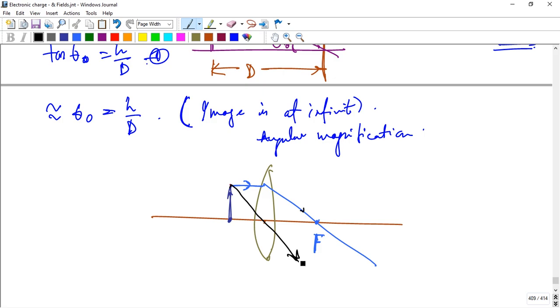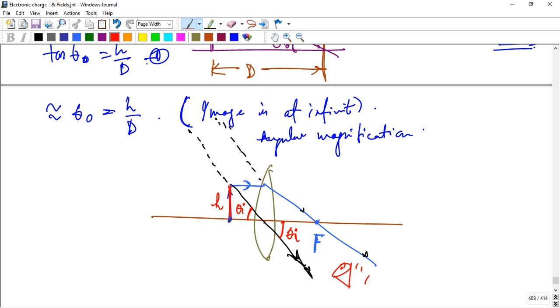But these two lines are parallel, so they actually meet at infinity, virtually meet at infinity. So this height is h, and that is theta I, the angle that belongs to the image, and you see that is our naked eye.